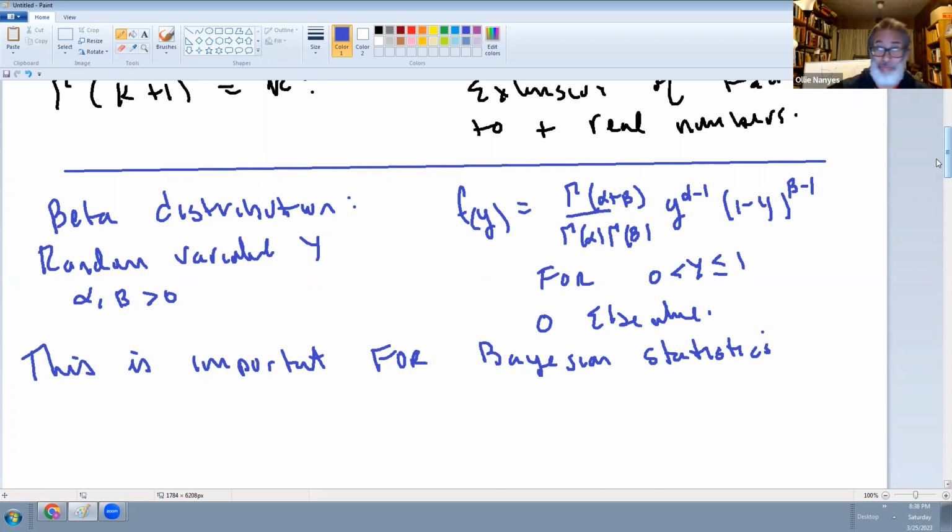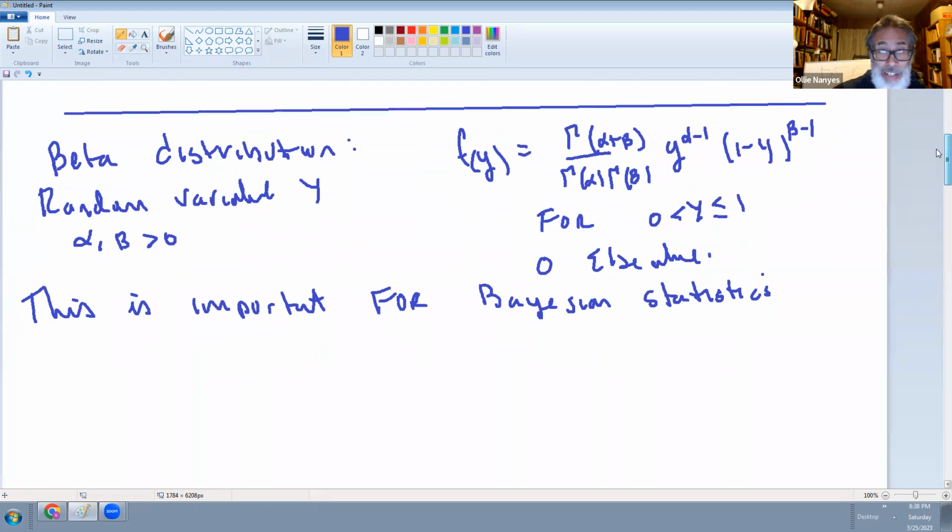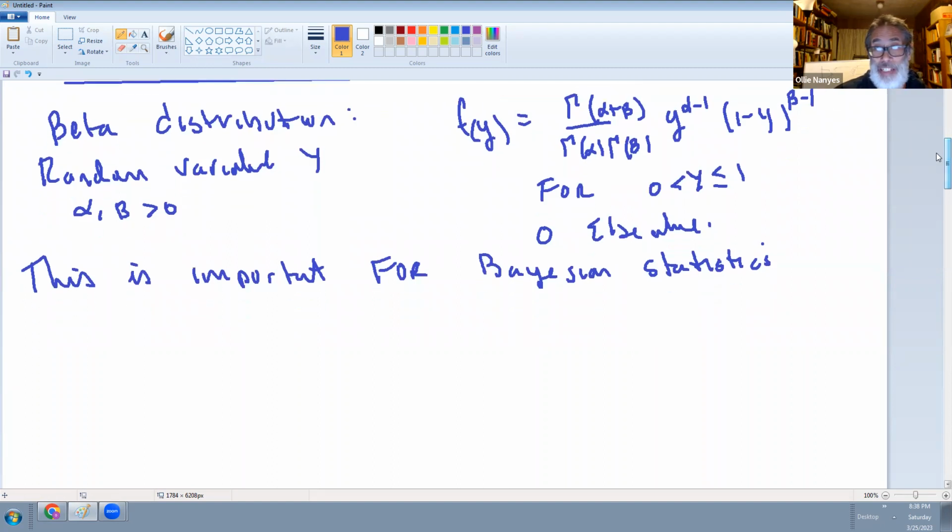Because this random variable takes values between 0 and 1, it works very well for p. And it has a nice property, which is beyond the scope of this talk, but it works well in the Bayesian situation. So that's why this is an important distribution.